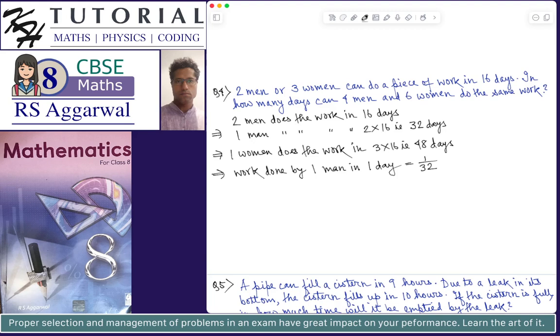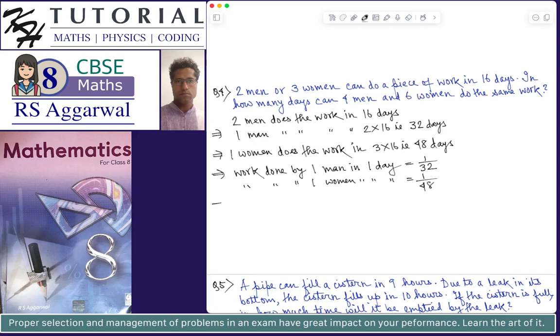Since one man does the work in 32 days, the work done by a man in 1 day is 1 by 32. Similarly, the work done by one woman in 1 day will be equal to 1 by 48.